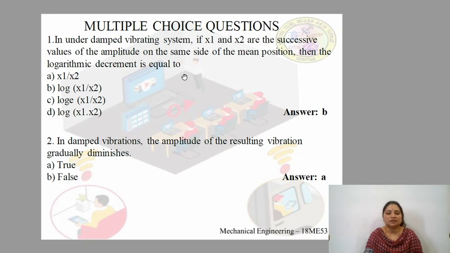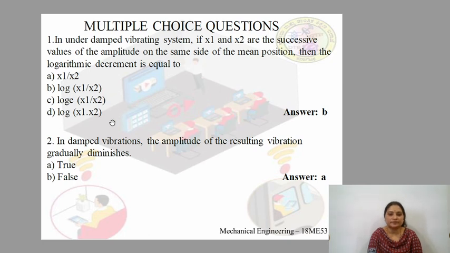We know that the logarithmic decrement is nothing but the ratio of two successive amplitudes. So therefore, it is log of x1 by x2. It is not just x1 by x2, neither log x1 by x2 to the base e nor x1 into x2. So therefore, the right answer will be answer B, that is log of x1 by x2.